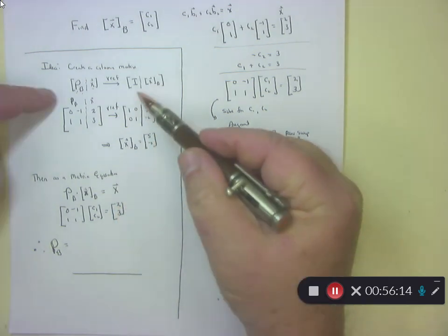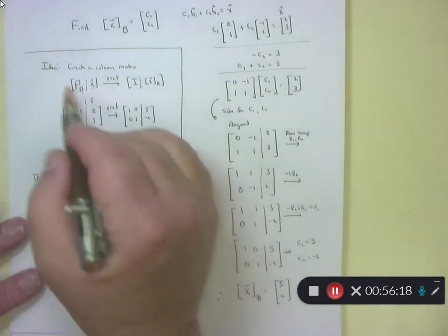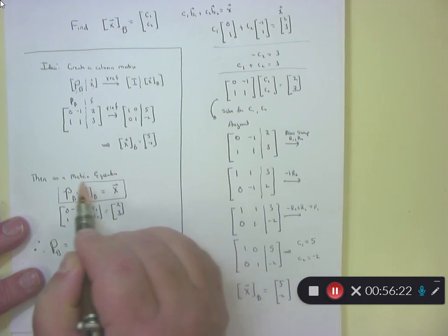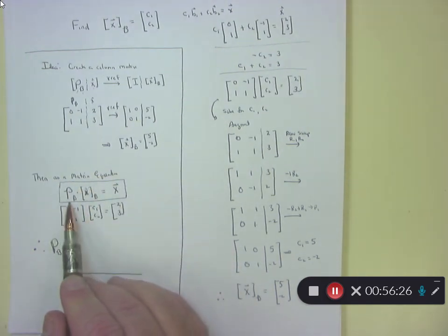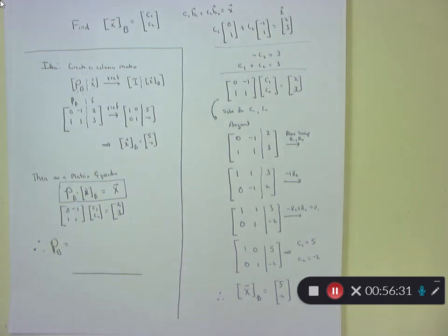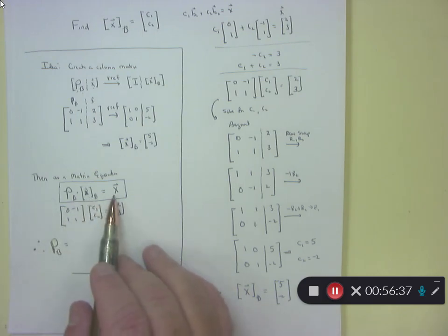So this and this are equivalent to each other. This is what we're doing. This is the actual matrix equation. Think about it. So we talk about a matrix, this P relative to basis B. This is basically taking your basis matrix and finding them as a column matrix here, okay? Multiply times your coordinate basis, and it gives you the vector.